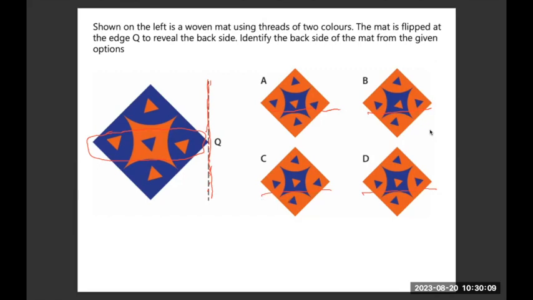If the arrows are pointing in this direction, which is happening here with Q, then in the mirror part, the triangles will be pointing in the opposite direction. The arrows pointing in the opposite direction happen with option B and option D. Option A has arrows pointing in this direction, and option C has both the arrows in different directions. So A and C are wrong.